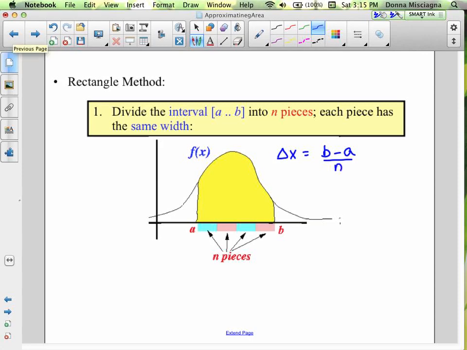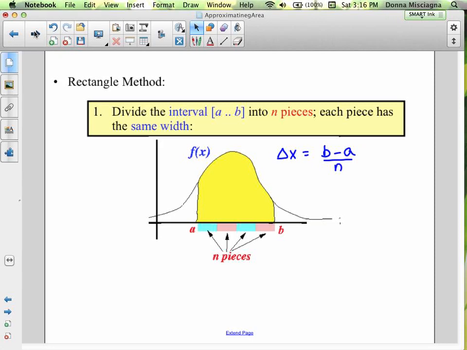Each one of these has this as the width. Every single subinterval, every pink one and every blue one, has that as the width: the end of the interval minus the beginning of the interval, divided by however many subintervals there are. That's all there is to the change in x.